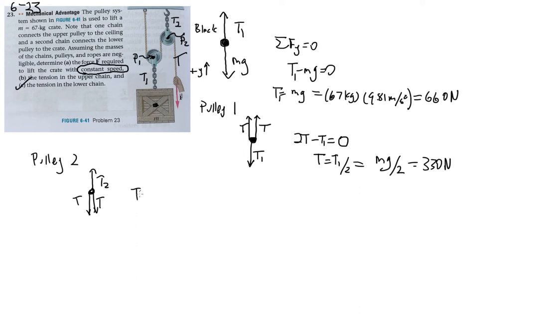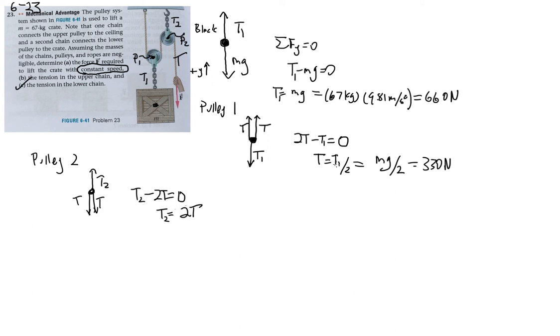So T2 minus 2T equals 0, and therefore T2 equals 2T.